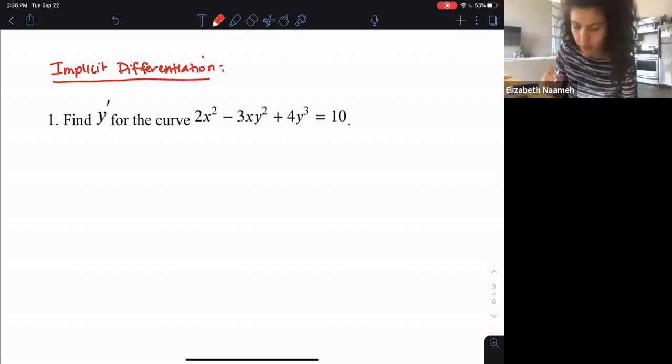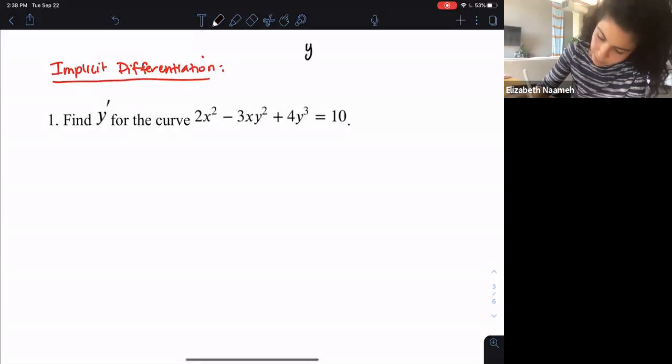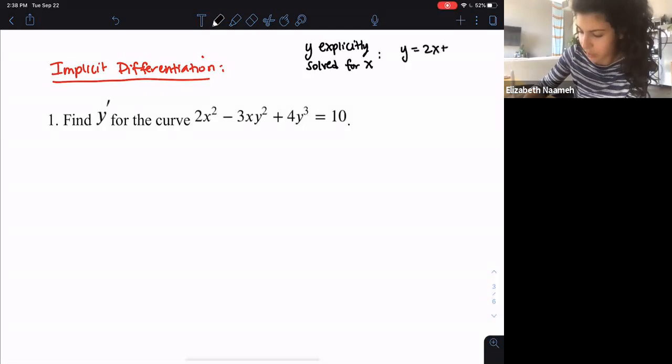Up until now, every time I asked you to find the derivative, y has been explicitly solved for x. For example, y equals 2x plus 3, or f of x equals cosine x minus 2x.